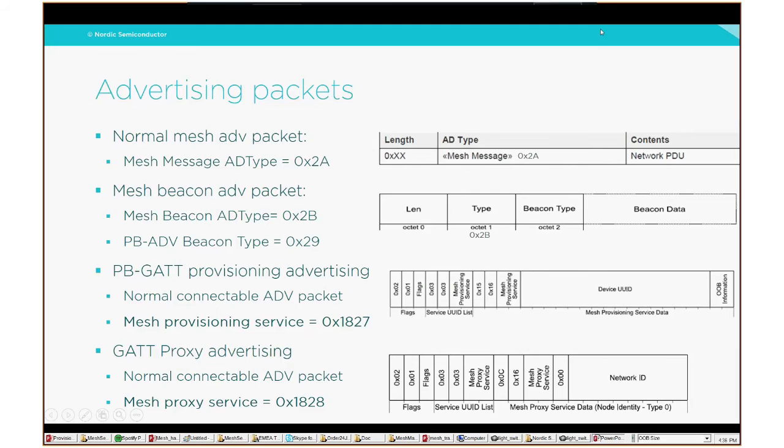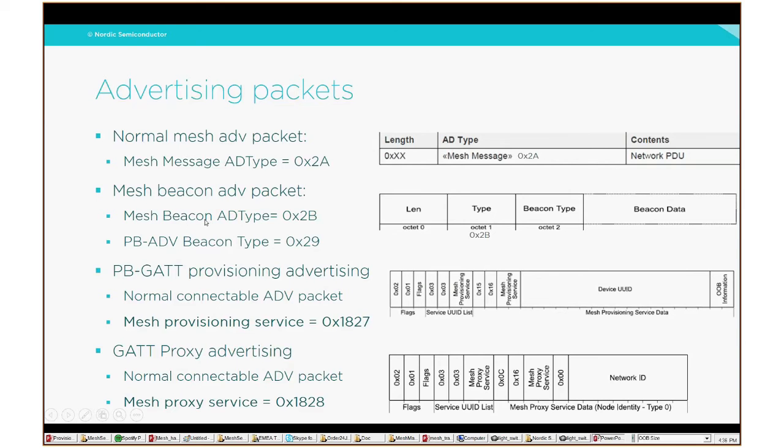So let's have a quick look at the advertising packets, the different advertising types. There are actually 4 different types of mesh advertising. The first one is a normal mesh advertising packet. If you scan for mesh packets and you see the advertising ID type is hexa 2A, that means it's a normal mesh packet. But if you see that the ID type is hexa 2B, that means it's a mesh beacon advertising type.